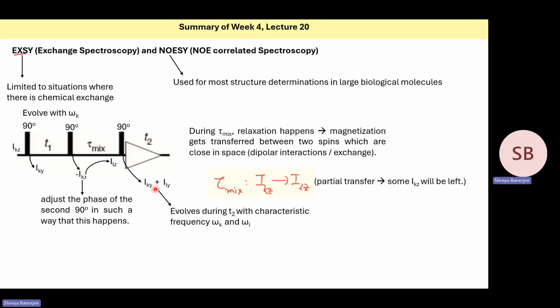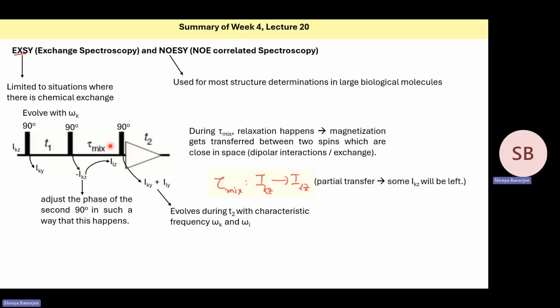Here you can see that the final 90 degree is basically transferring both K and L magnetizations to the transverse plane, that is Y, because the detector is in the transverse plane. So the detector is detecting IKY plus ILY, so the Y magnetization of both K and L. So this is the pulse sequence.